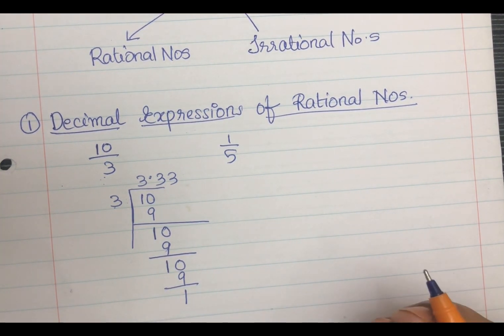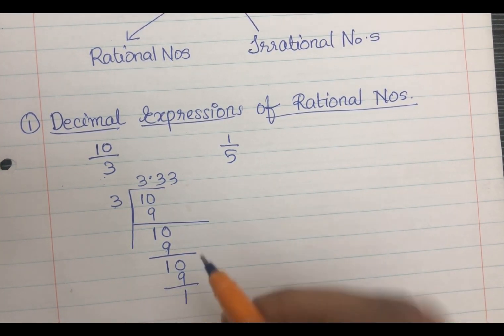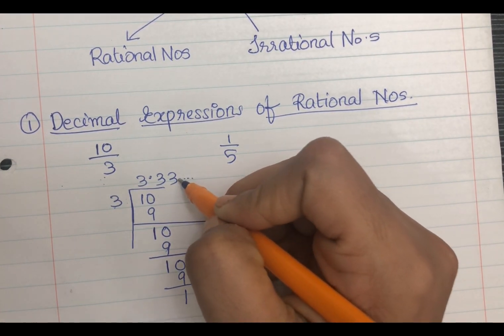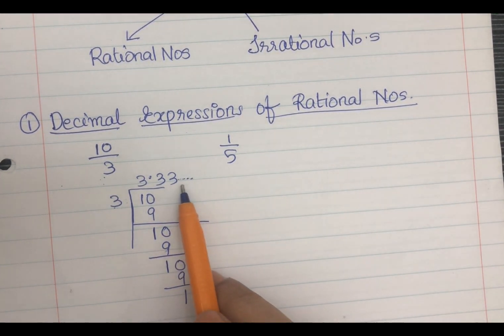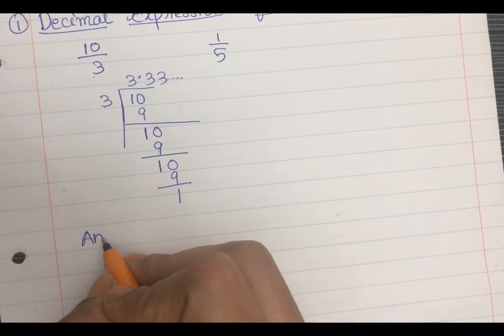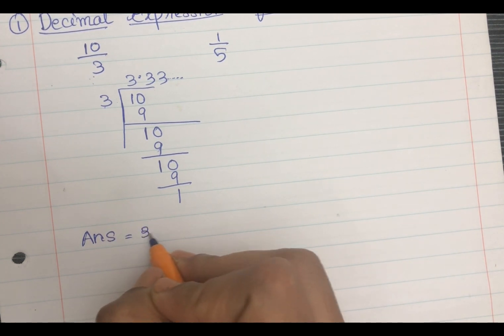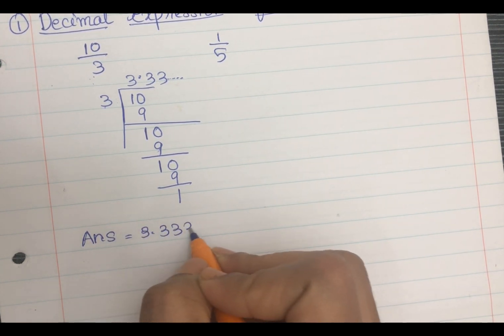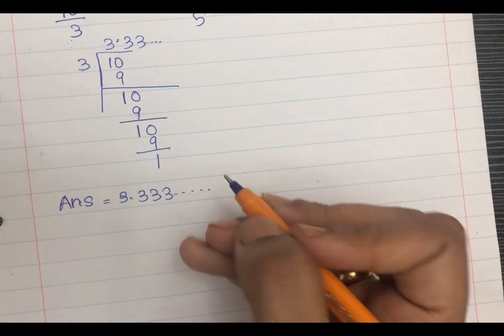What can you see? It's not ending, right? The quotient is not ending. So the answer is 3.333 repeating.